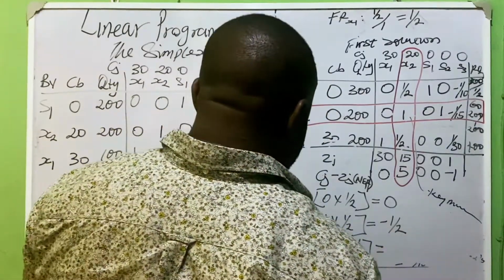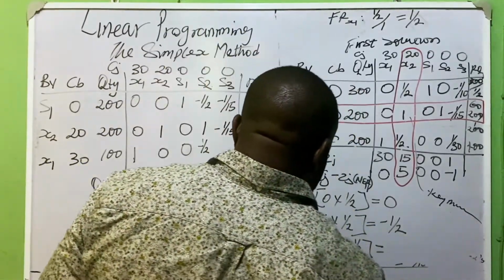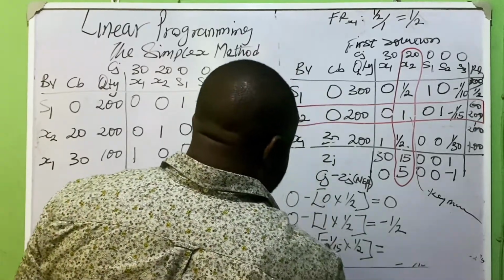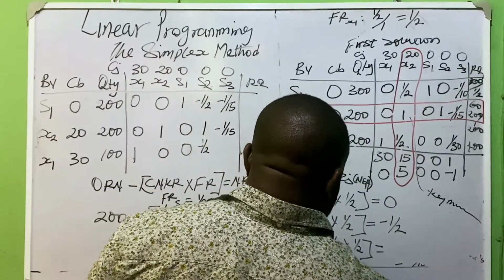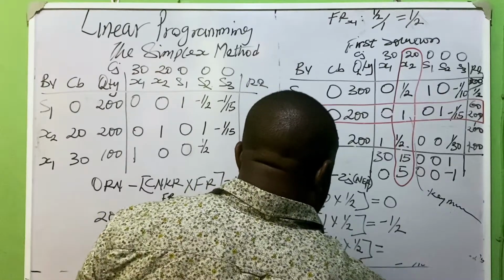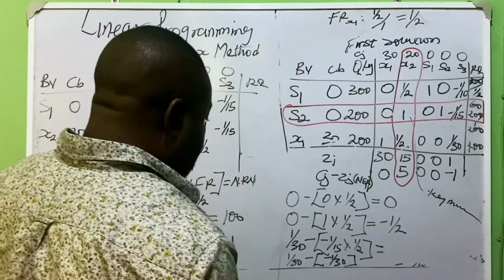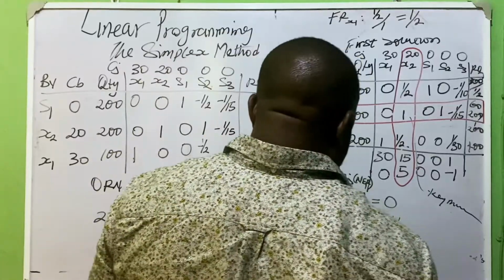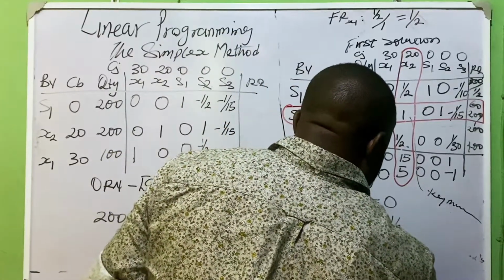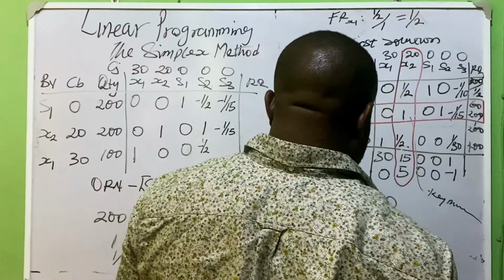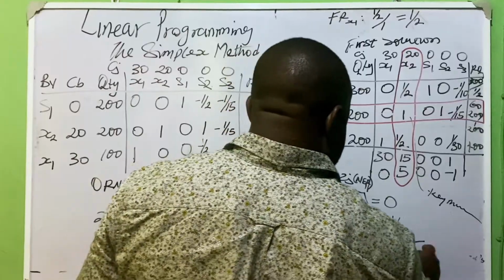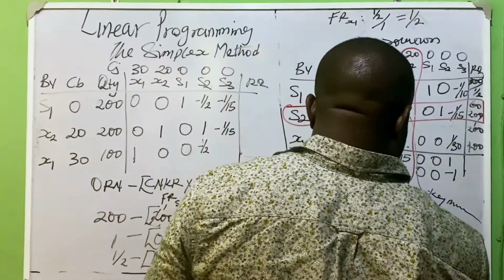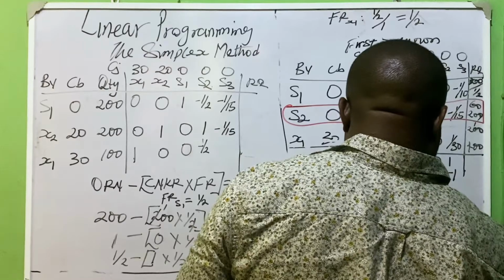If we expand this, we have 1 over 30 minus 1 times minus 1 will give me minus 1 over 15 times 2 will give 30, such that by expansion, 1 over 30, negative opposite, we have 1 over 30 plus 1 over 30.